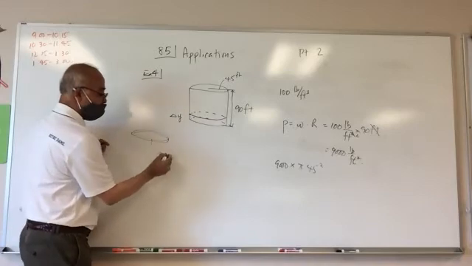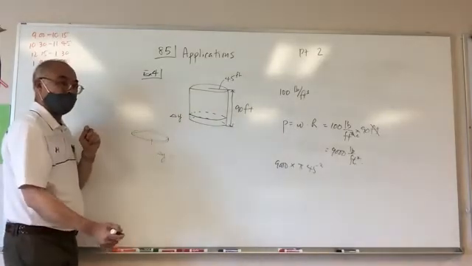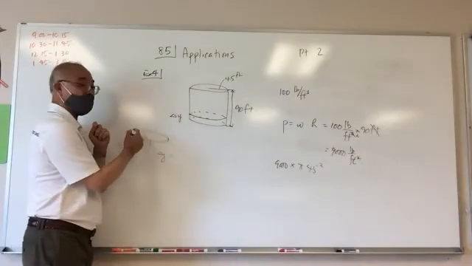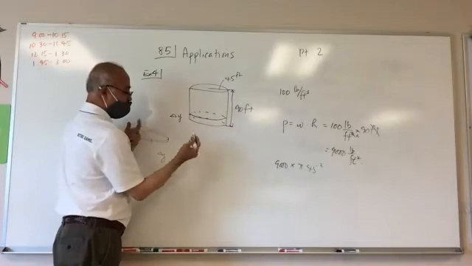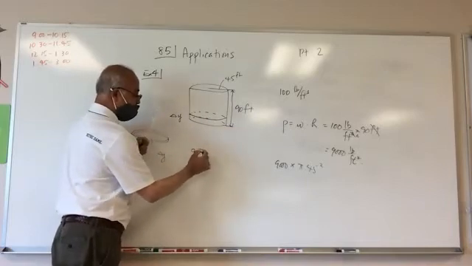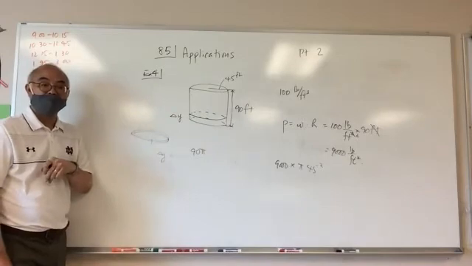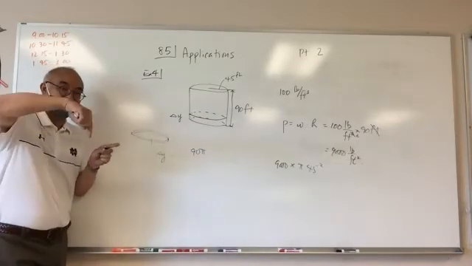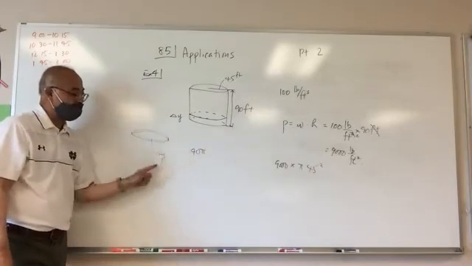And how long is this? That's the circumference of the circle, right? The radius was 45, so it's 2 pi r, which is 90 pi. So the area that it's exerting is going to be this.